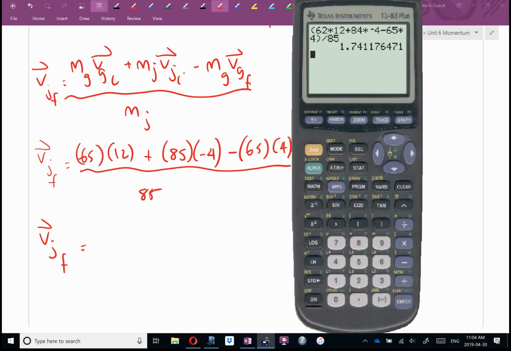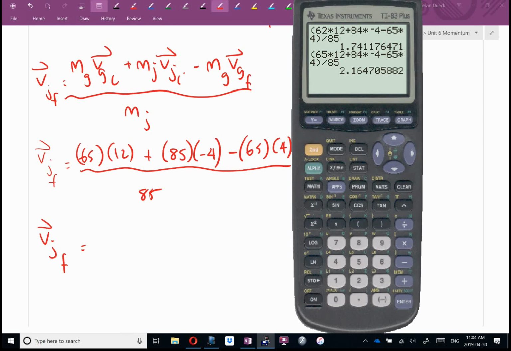Y'all get 1.74? Am I wrong? Anybody else get that? No, so I made a typo. Oh, you know what? I typed a 62 here. Let's fix that. Do you get 2.16? Now people are nodding. Okay, 2.16.